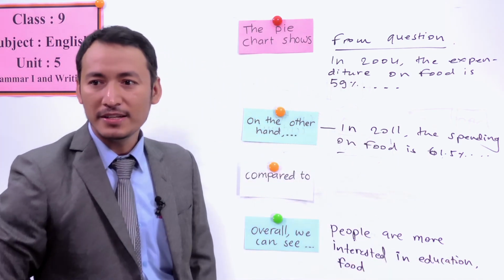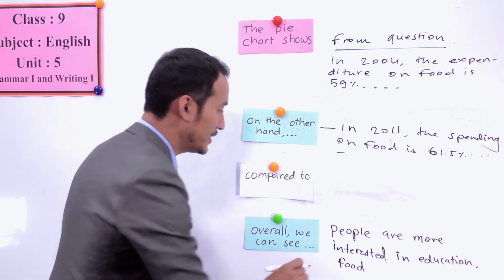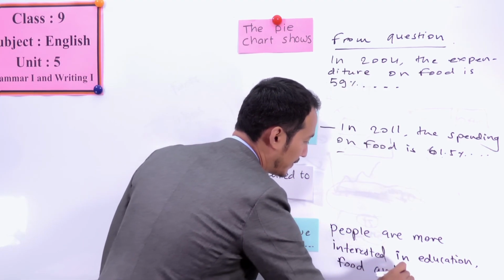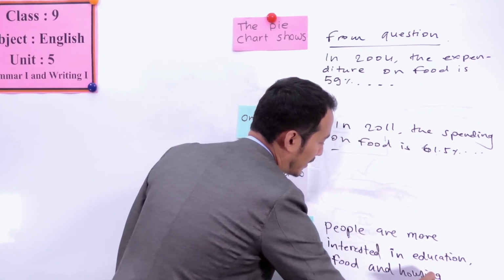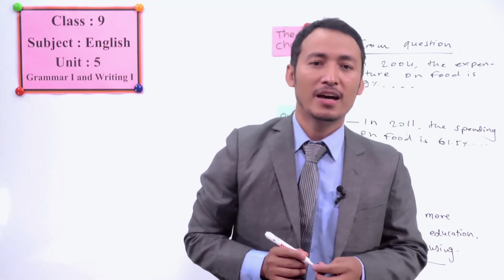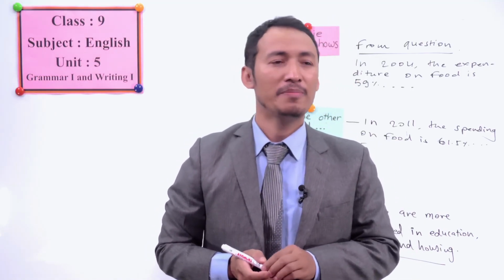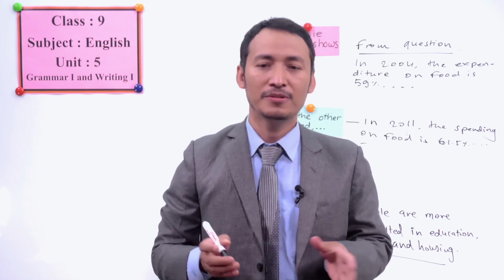You can see the increased amounts in food and education and housing, right? And housing. That's the impression of the data in comparing 2004 and 2011 spending on different sections.